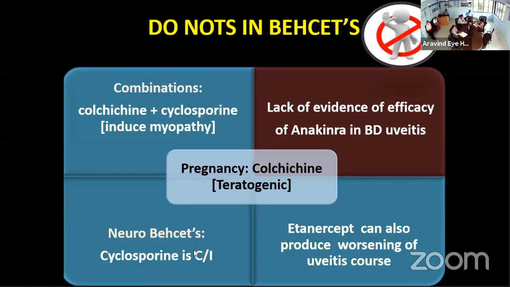So that's why it's being taken off as a first line drug, although in the initial practice it can be very useful. The most important point is that etanercept, although it is a TNF alpha inhibitor, is not at all useful in practice. If you see the older textbooks or older presentations, they will say TNF alpha inhibitors: etanercept, infliximab, adalimumab.